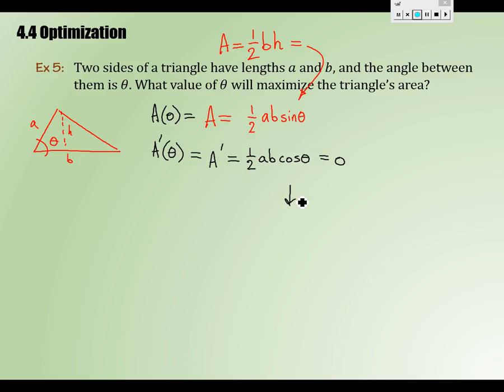When is cosine 0? Yeah, 3 pi over 2 we will allow for a triangle. But pi over 2 we'll be okay with, and hopefully that really is a maximum. Test it.